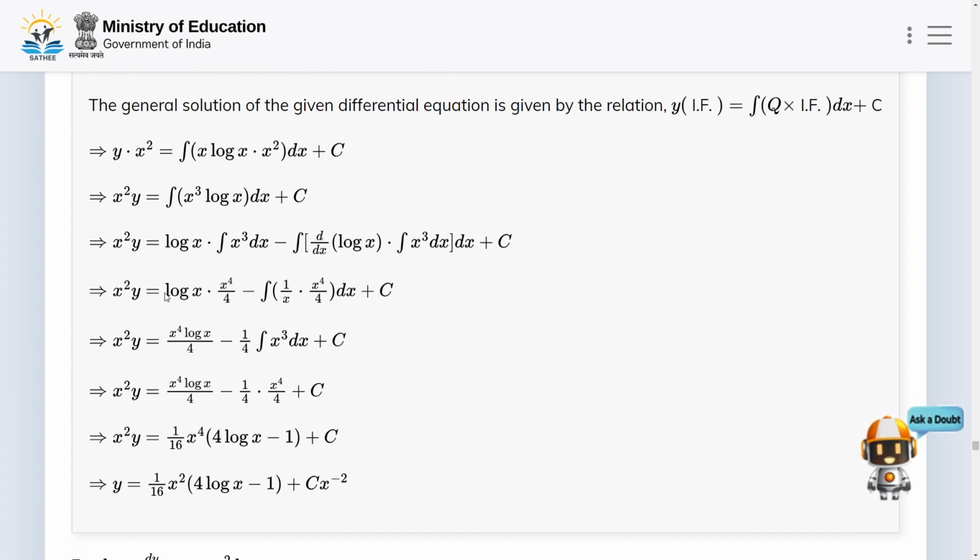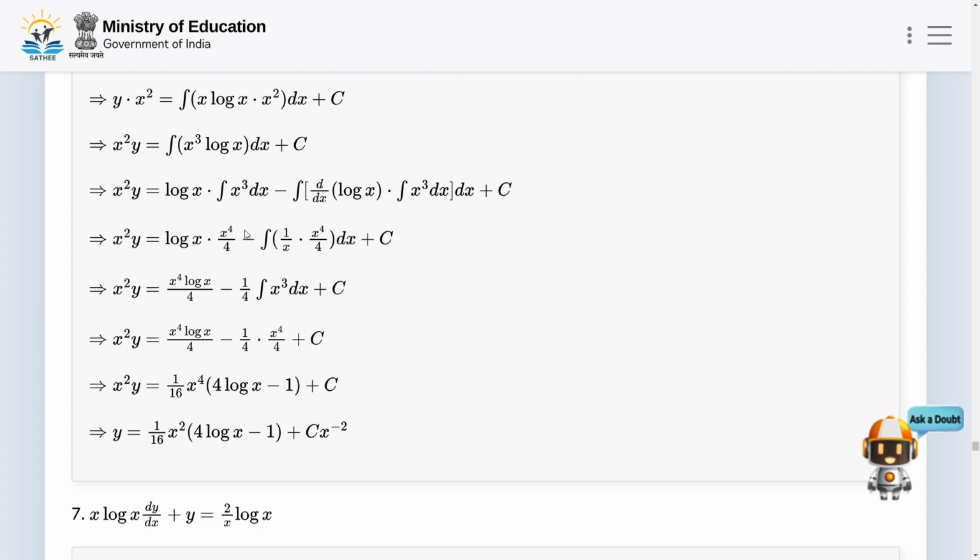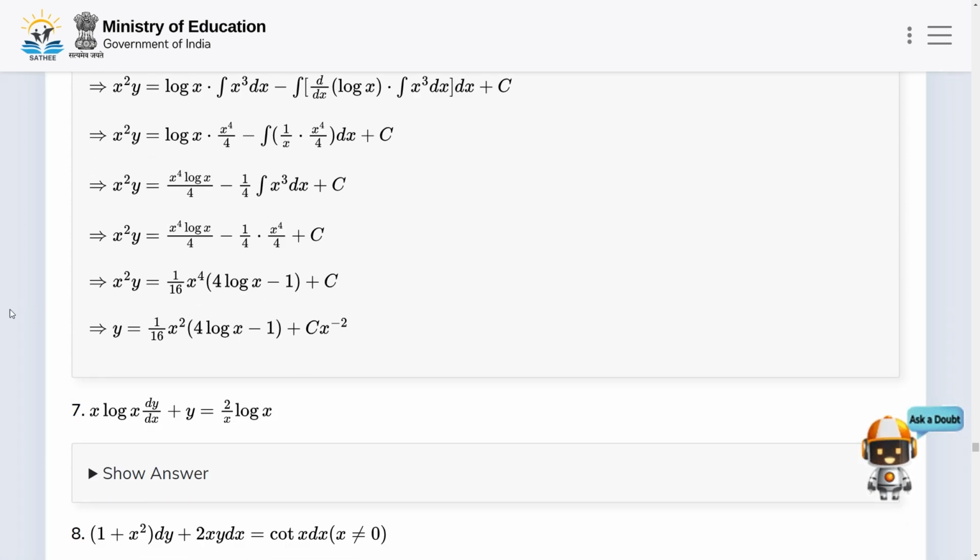Let me skip these in-between steps, so please do the respective steps. So x square y is equal to x power 4 log x divided by 4 minus 1 by 4 multiplied by x power 4 divided by 4 plus some constant. Rearranging some terms, you will get your general solution as y is equal to 1 by 16 x square (4 log x minus 1) plus c x power minus 2.